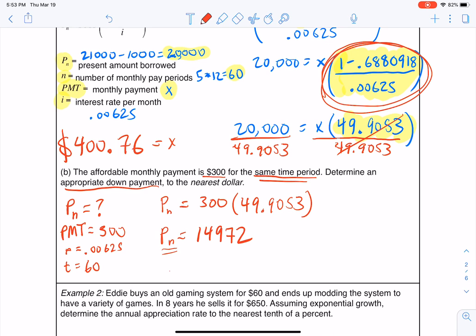We need to know what our down payment is. Our down payment is going to be whatever the cost of the car was, $21,000, minus the amount we borrowed, which is 14,972. So let's just subtract that.